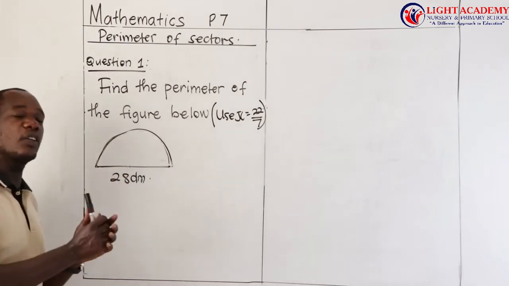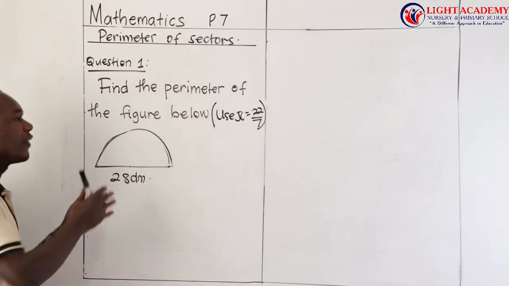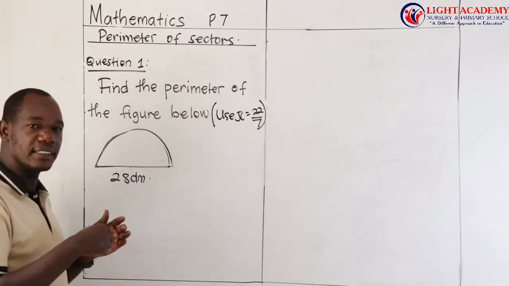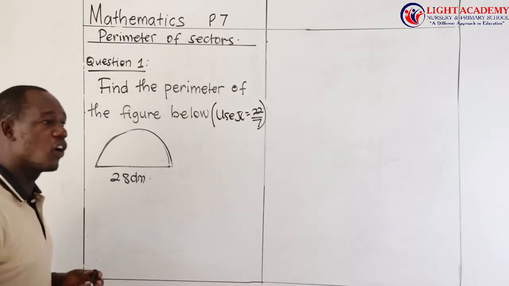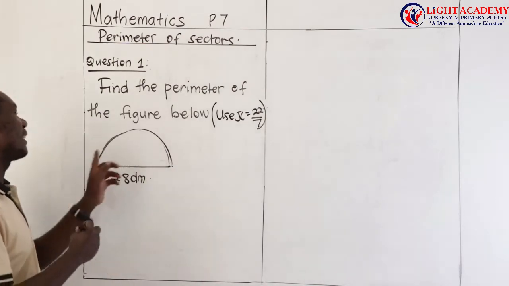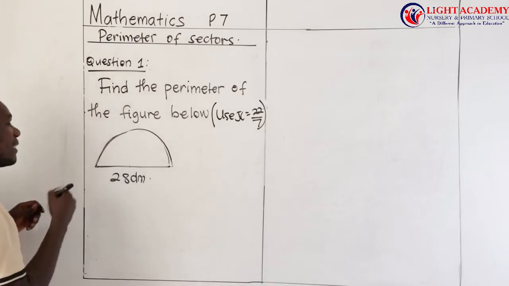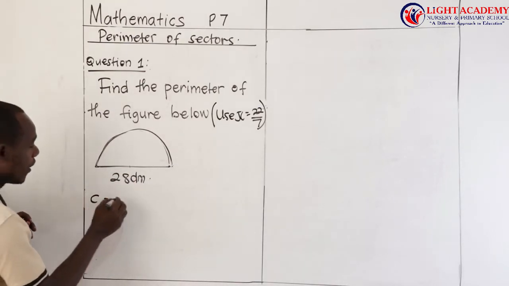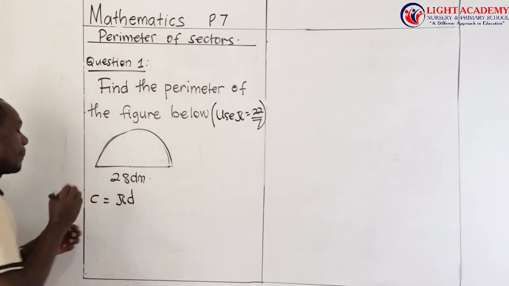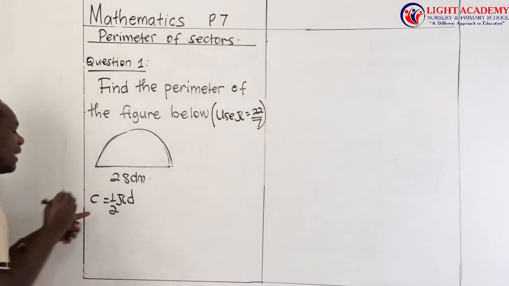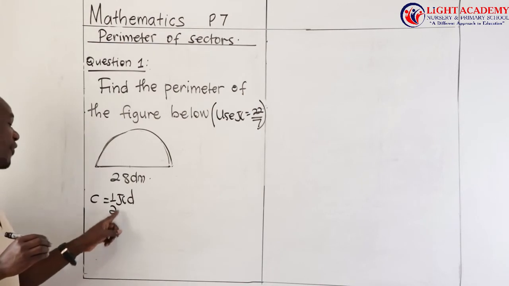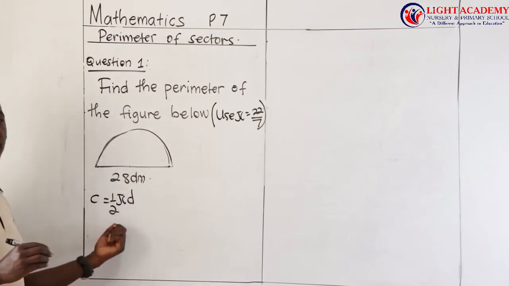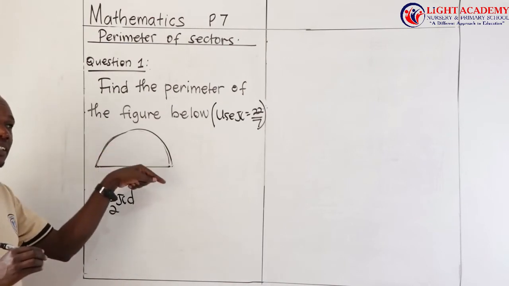Since a semicircle is half of a circle, and the formula for the circumference of a full circle is 2 pi r or pi d, the circumference of a semicircle will be a half pi d. That is the formula for finding the circumference of a semicircle.